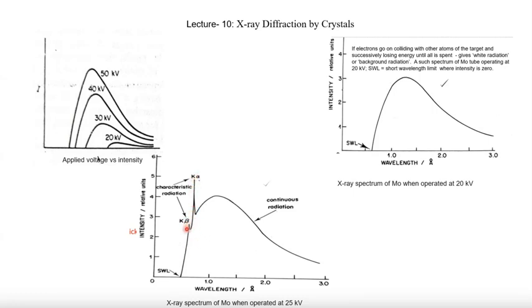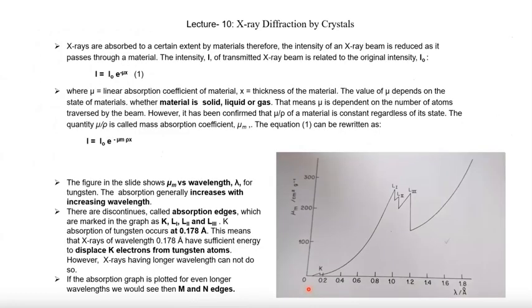Well, these K beta and K alpha are single peaks, but we will talk more about it, going to higher potential difference, and see what happens in later slides. But now we also have to talk about absorption. We know very well that X-rays are absorbed to a certain extent by materials, solid materials.